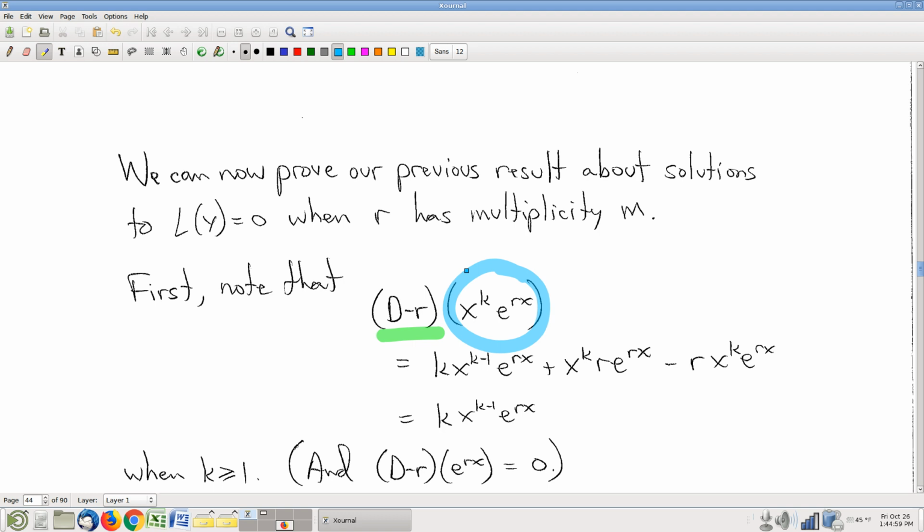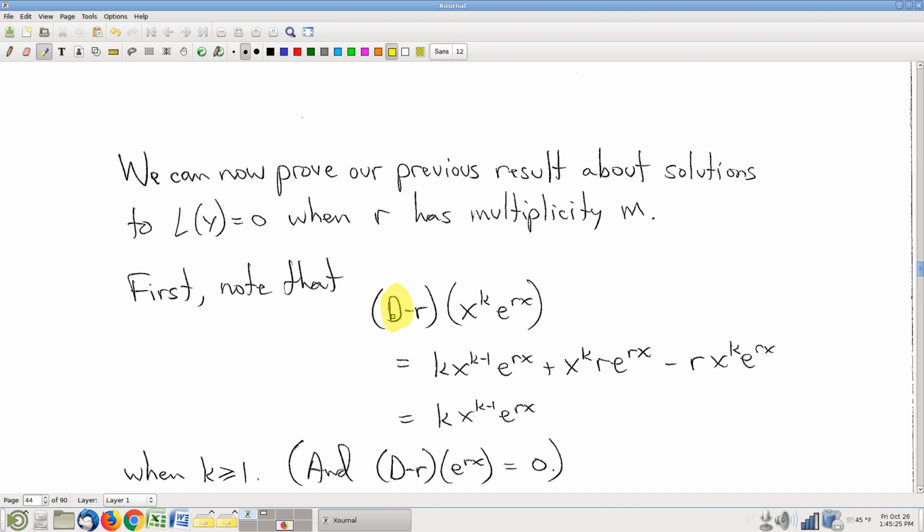Now, very importantly, notice that the r here in the D minus r and the r in the exponential, indicating what root this came from, are the same. Right? So let's work out this algebra and see what it is for convenient use in a few minutes. So here's how that algebra plays out.